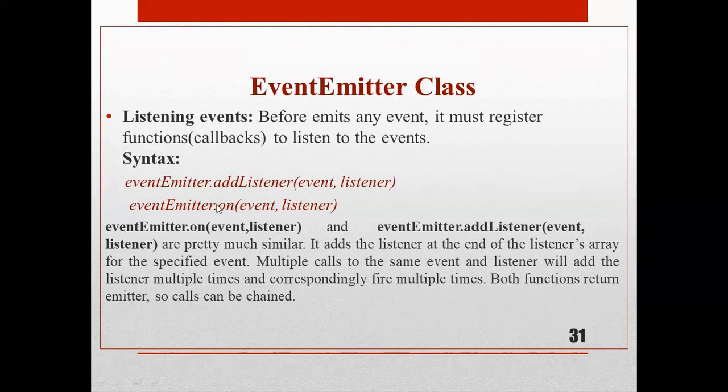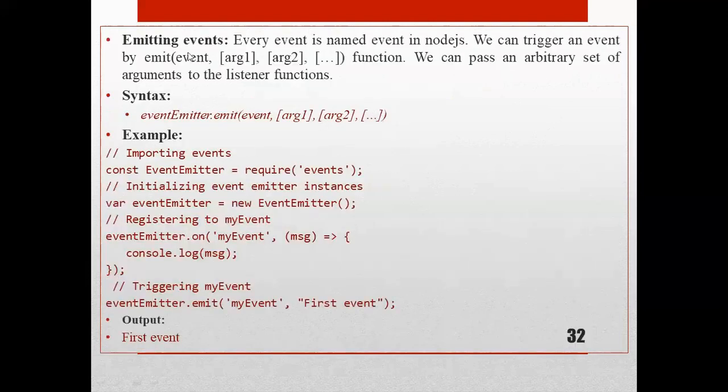Both functions, eventEmitter.addListener and eventEmitter.on, are similar, and both return the emitter so that calls can be chained. These two functions are similar for registering, that is listening to, events. Next, emitting the events. Every event is named in Node.js.